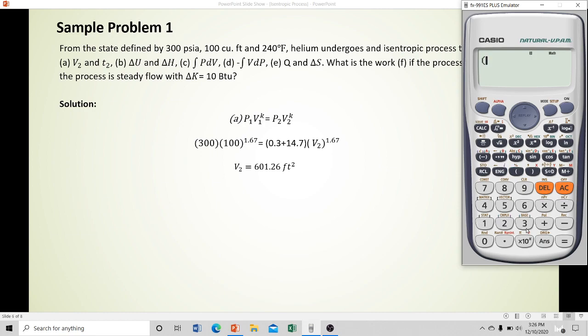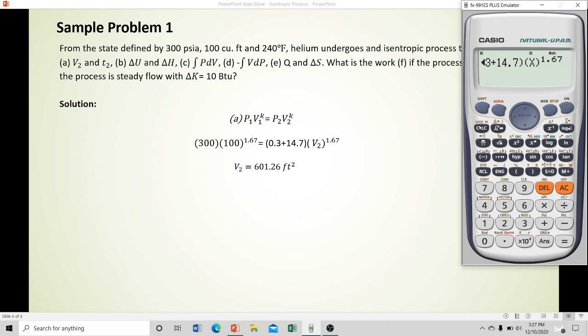So let us recheck. We have 300 times 100 raised to 1.67 is equal to 0.3 plus 14.7 times the unknown value x raised to 1.67.